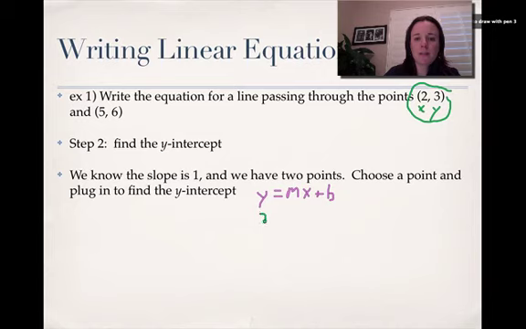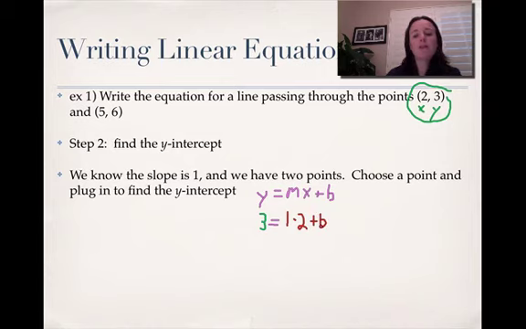Let's go ahead and make it green. 3 equals, I found my slope earlier. I know my slope is 1, so I'm going to plug in 1. Up here, I've got my x value. It's going to be 2. And it's multiplying, because your slope is always multiplying your x, times 2 plus b.